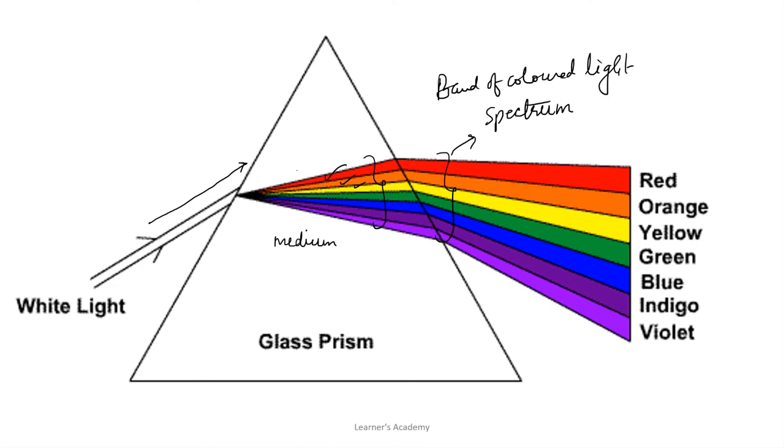The different colors of light in the spectrum of white light are shown here. The light which gets deviated most is the violet, and the light which is least deviated is red.